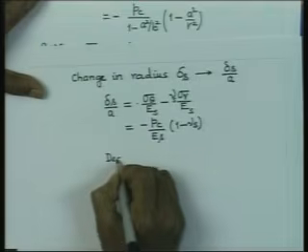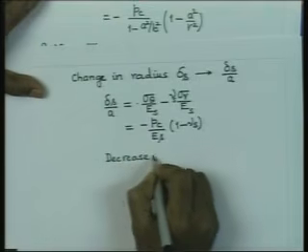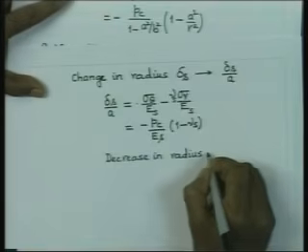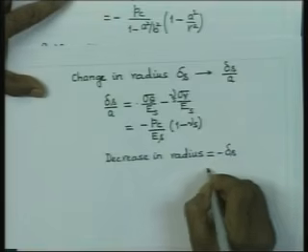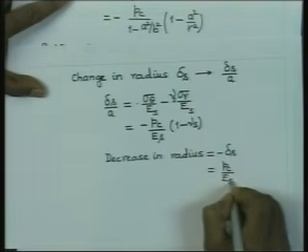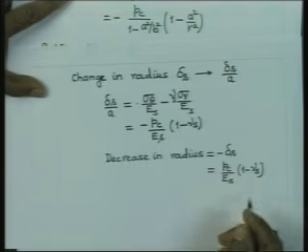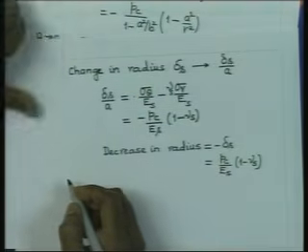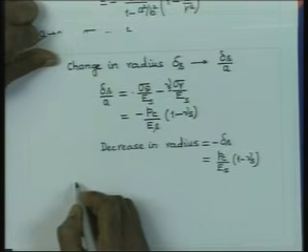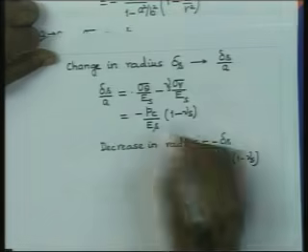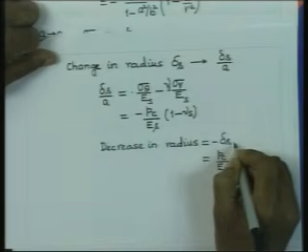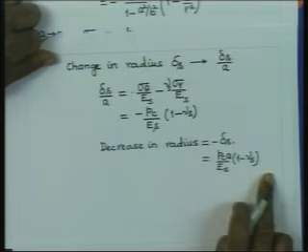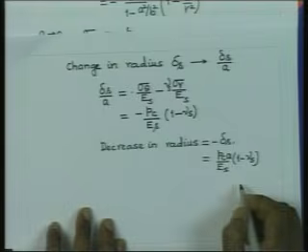So, therefore, decrease in radius is equal to minus delta S, and that is equal to Pc A by Es into 1 minus nu s. Similarly, you can consider the hub.